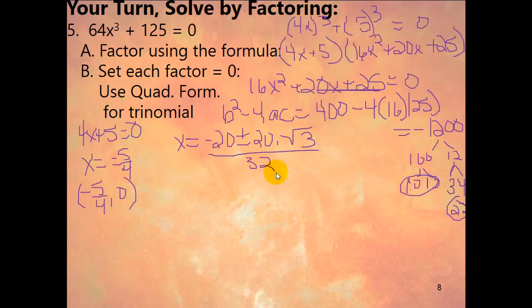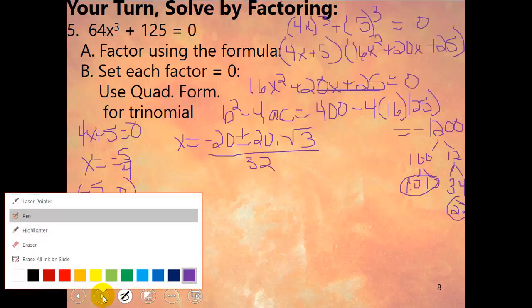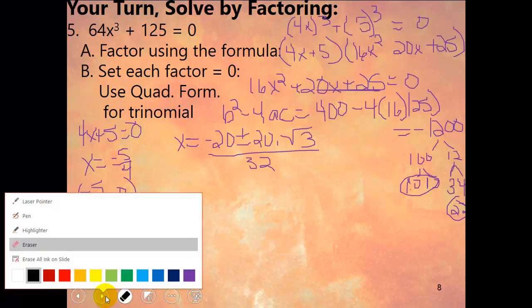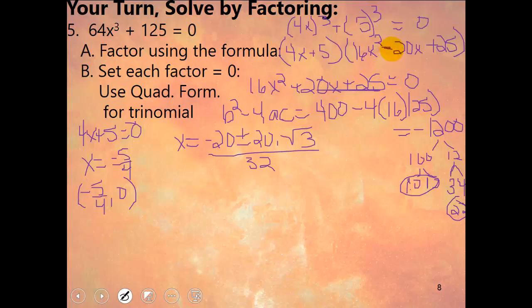And then I'm going to divide top and bottom by, reduce it by 4. And this should be a negative. I just caught this, sorry. I'm going to erase here for just a second. I didn't check my signs. This one here, that should be a negative.